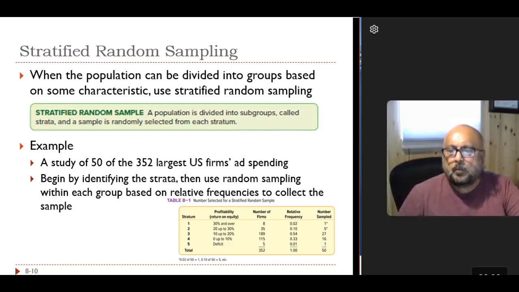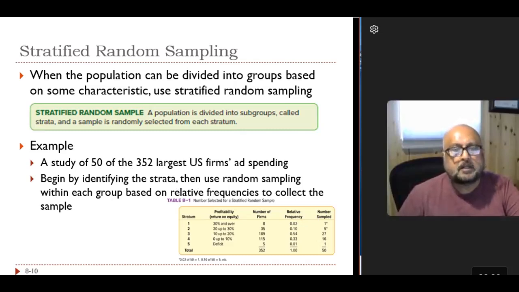So what is the probability that one firm will be picked from the first group? We look at the relative frequency for that group, which is 0.02, and we multiply that by the sample size, 50. So 50 times 0.02 gives us the expected number of firms selected from this group.